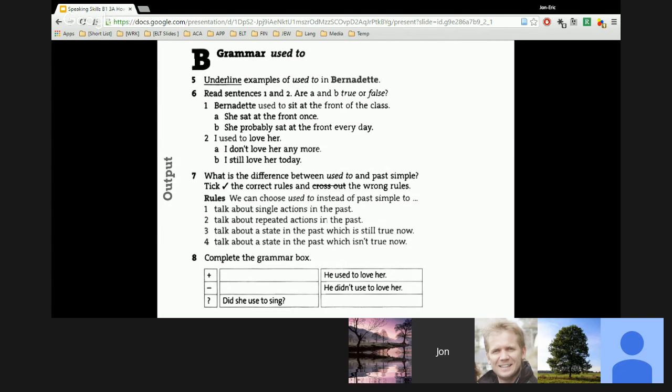But the meaning of that paragraph has to show you that it's a repeated action that doesn't have any effect on today. So for example, I used to take the bus whenever it would rain, but I used to walk when it was sunny. Can I not say, I took the bus when it would rain and I walked when it was sunny?